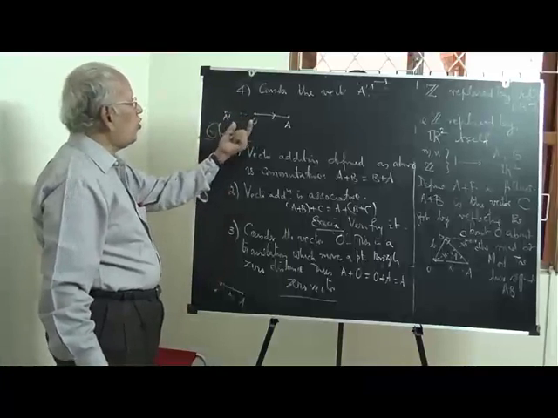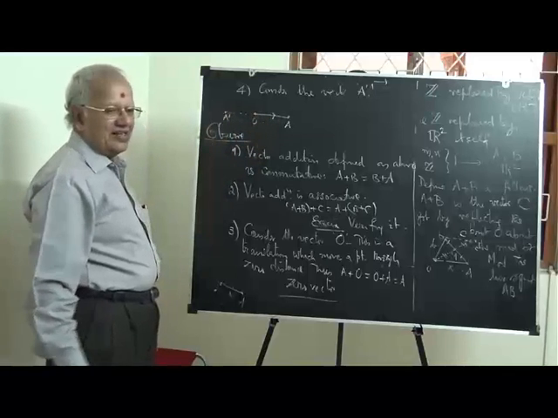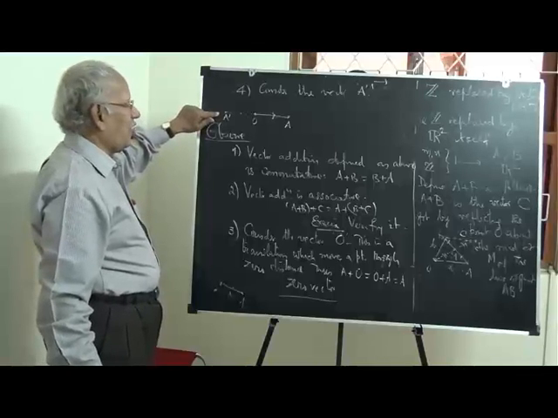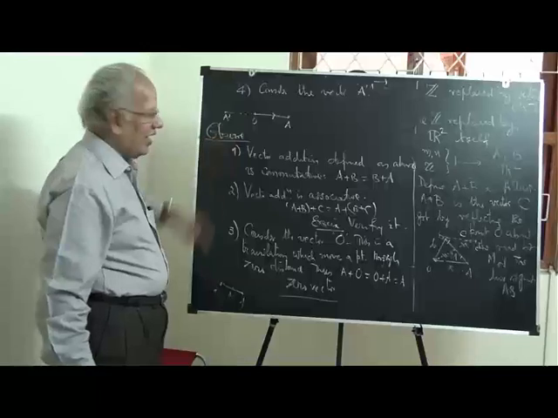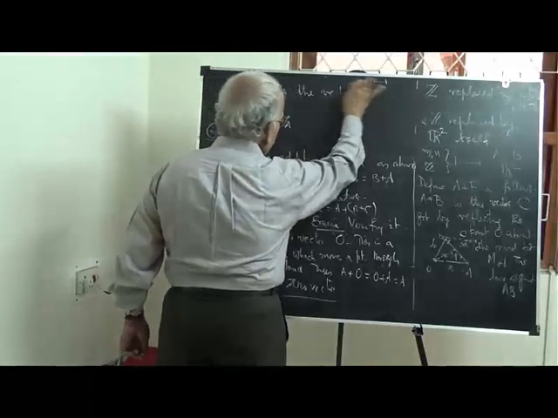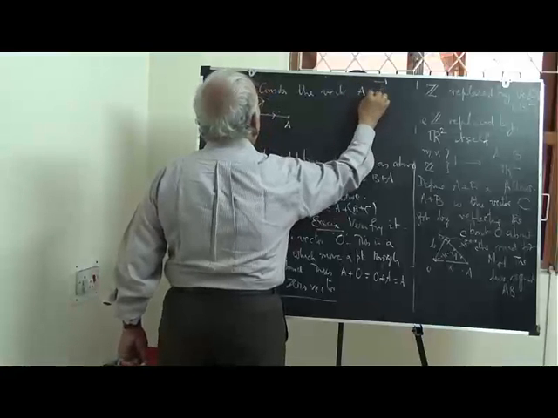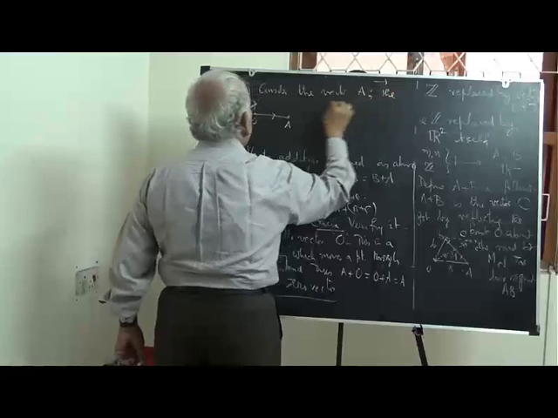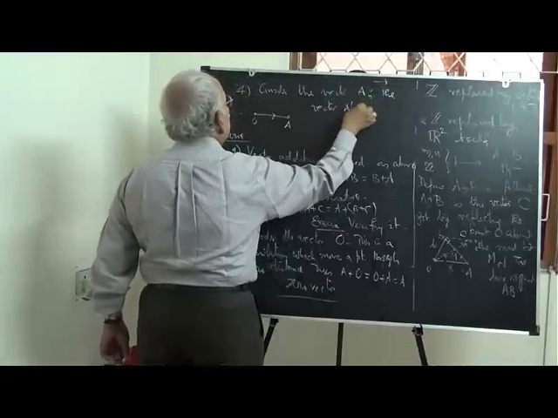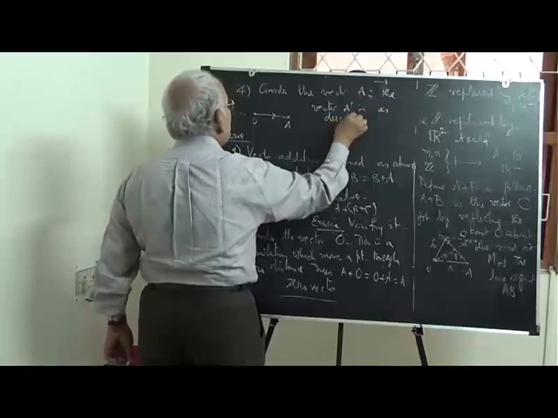That is, in other words, O is the midpoint of A prime A. Now A prime is a vector, OA prime. So this is the vector A. Now, the point A prime, or the vector A prime, is as described in the diagram.